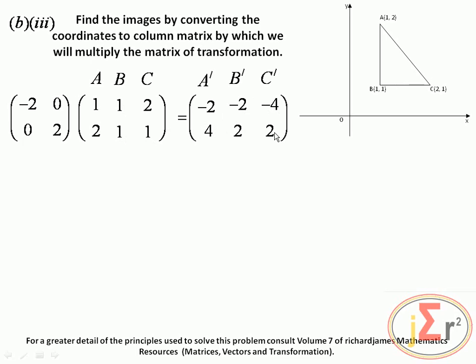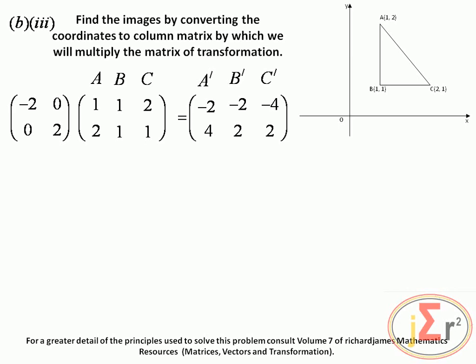Because usually when we are using matrices of transformation, especially the basic ones that we do in CSEC, we can follow a pattern. If we cannot follow a pattern, then we have to multiply in order to determine the value of every single ordinate. But in this particular case, we may make use of the pattern that we have.